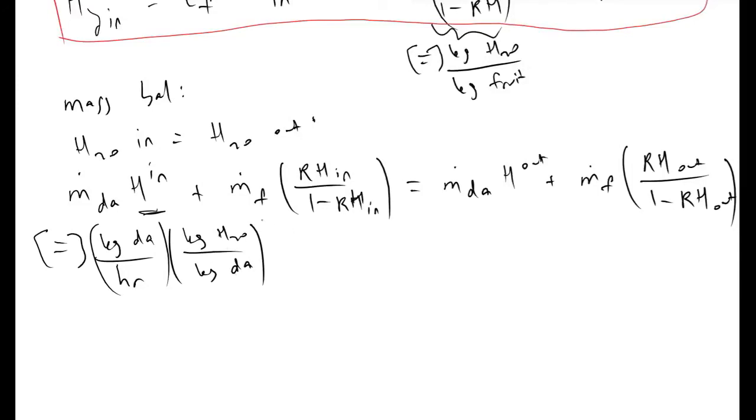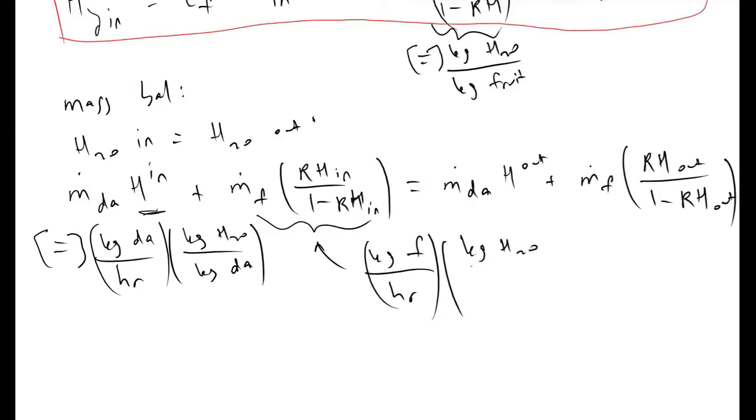And then the same goes for this term here. If we do dimensional analysis on it, we would have the mass flow of fruit, so kilograms of fruit per hour, and then this side of the equation will have units of kilograms of water per kilogram of fruit.